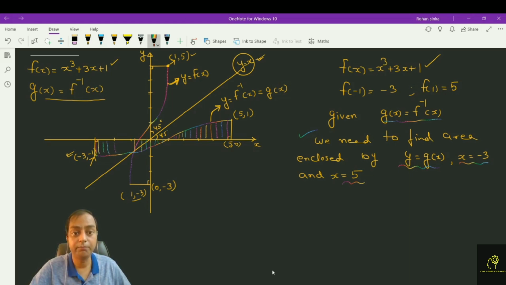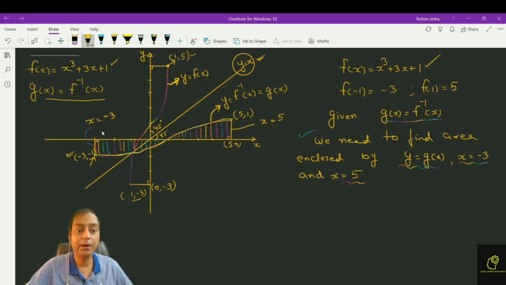This is x = -3 here, and this is x = 5. This is the graph of y = f inverse x. Say this shaded area is A.